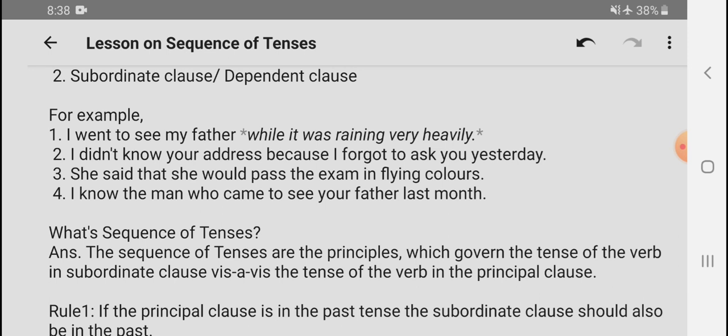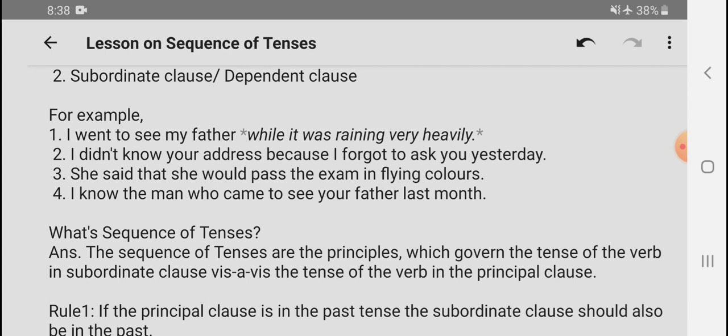Sometimes you may be confused at sentences like these, but here, the word that is a conjunction. It's working like a conjunction. It has joined two sentences, so you have to add that when you read the sentence. That she would pass the exam in flying colors is another clause.